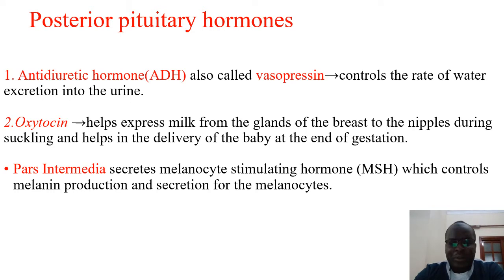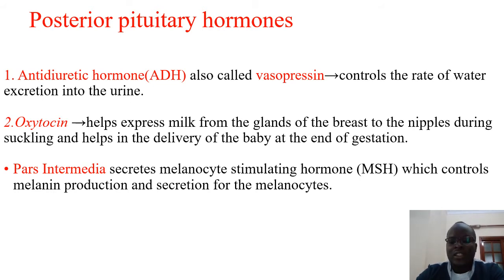The pars intermedia, which I discussed in the previous lecture, produces melanocyte stimulating hormone, which controls melanin production and secretion by the melanocytes. The melanocytes are cells that produce melanin, but for them to produce melanin, they need to be stimulated by the melanocyte stimulating hormone, the MSH.